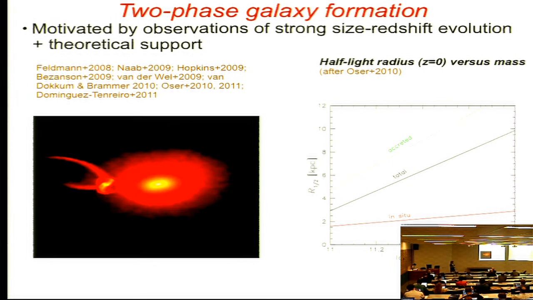And of course, the expectation is that the more massive the galaxy, this is log mass over a half-light radius, the larger the galaxy, the greater the proportion of accreted material.